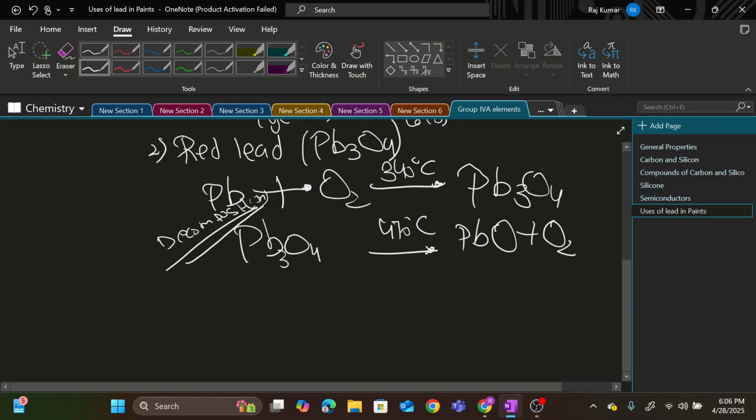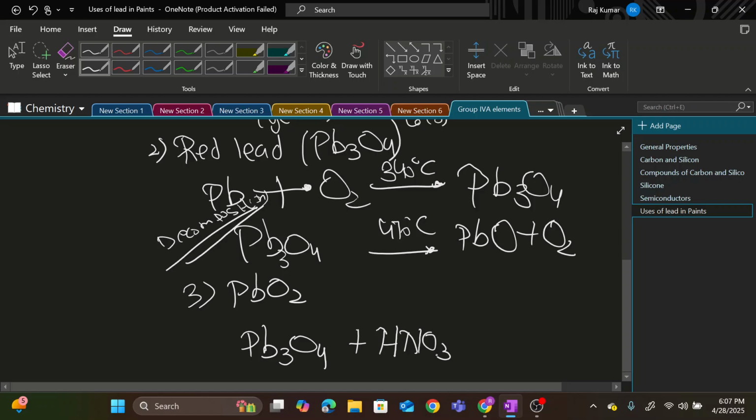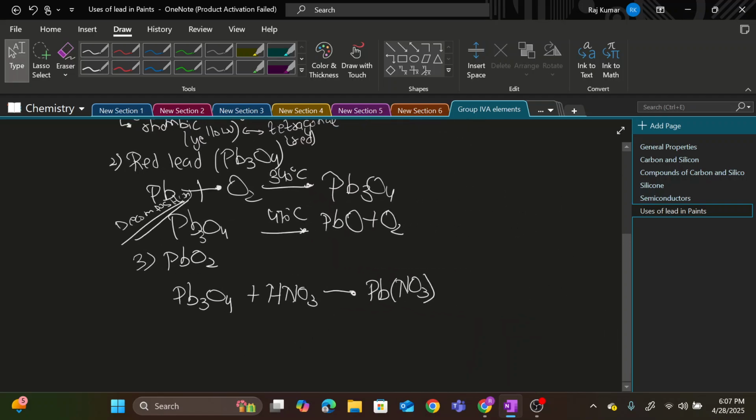After that we have lead dioxide. Whenever we treat tri-lead tetraoxide with concentrated nitric acid, it will produce lead nitrate plus lead dioxide, and that lead dioxide can be used as a pigment.